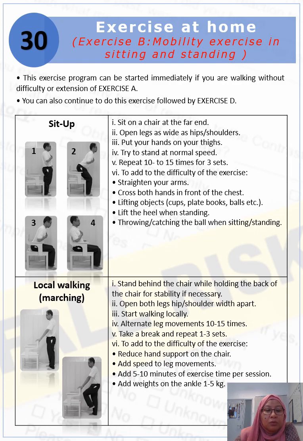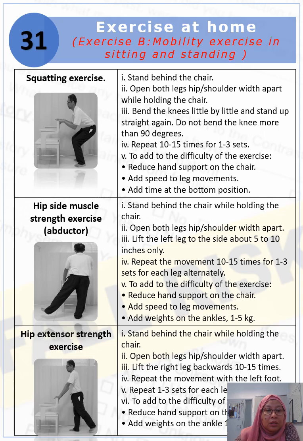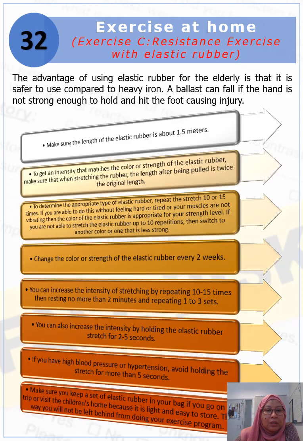You can do marching or walking on the spot. Squatting exercises, if you are not sure, you can use the chair for support. Hip side muscle strength exercises, hip extensor strength exercises. Okay, so these are the advantages.